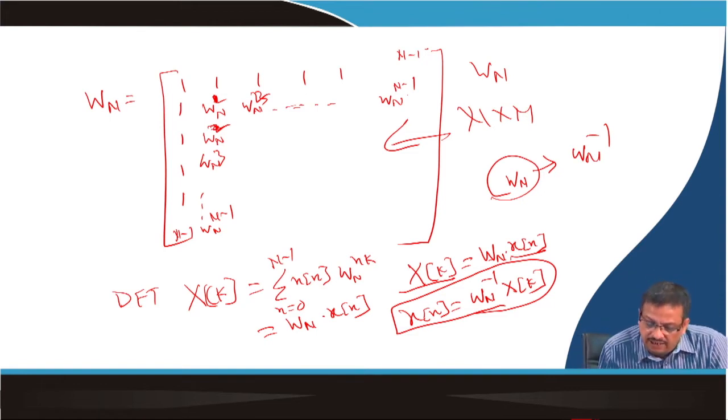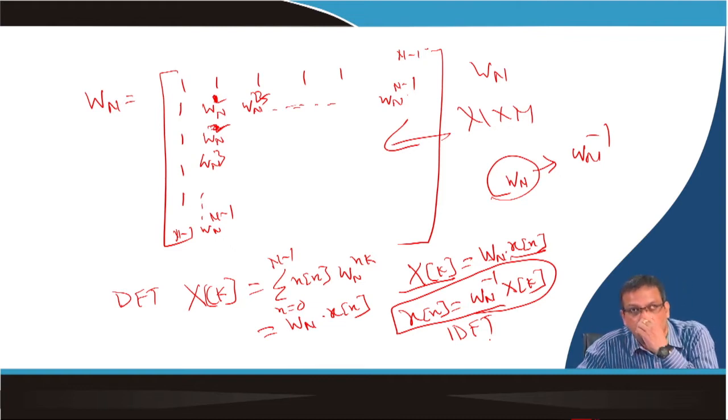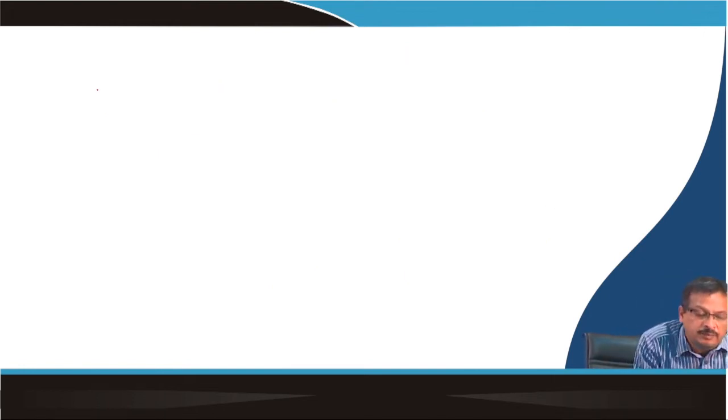So this is nothing but the IDFT. Okay or not? But this W_N inverse is not exactly the inverse of this W_N. Basically, W_N inverse can be written as 1 by N times W_N conjugate.